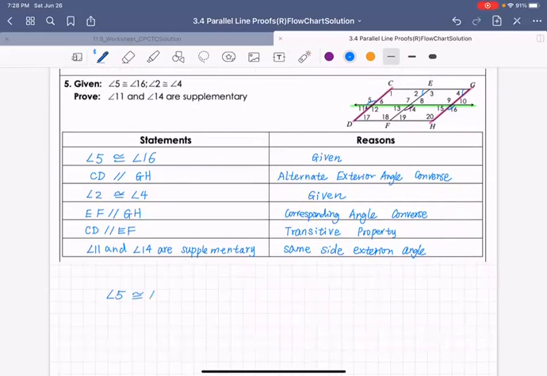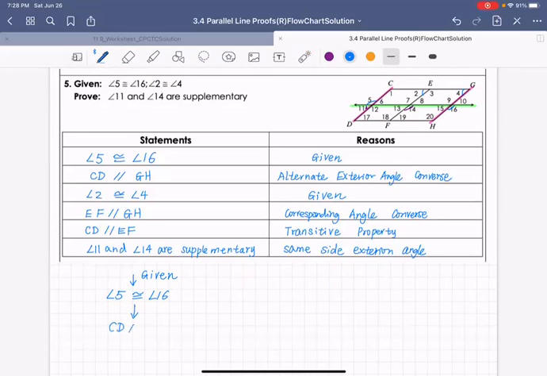This is because? It's given. Very good. Next. When you have these two angles congruent, what conclusion do you have? CD is parallel to GH. Very good.